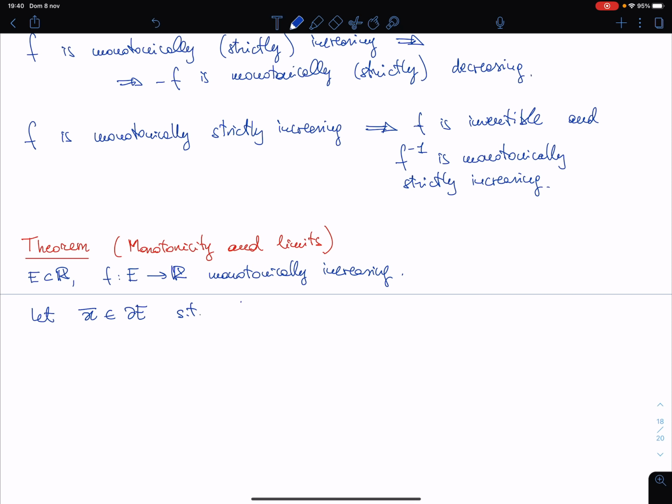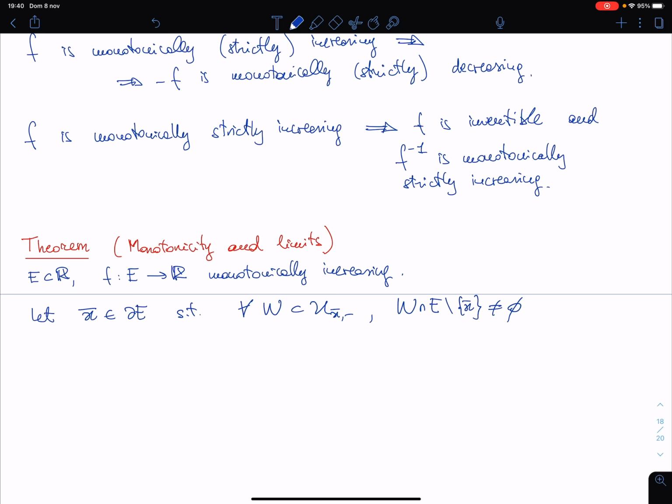such that for every W, which is a left neighborhood of x bar, there are always points of E in W beyond the point x bar.